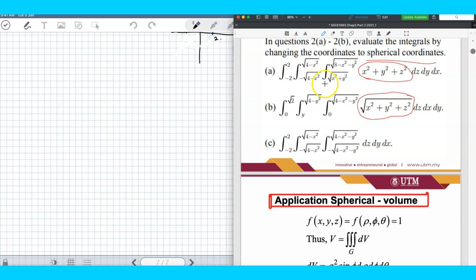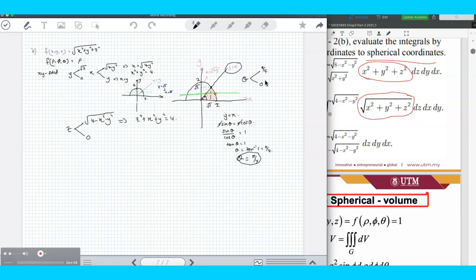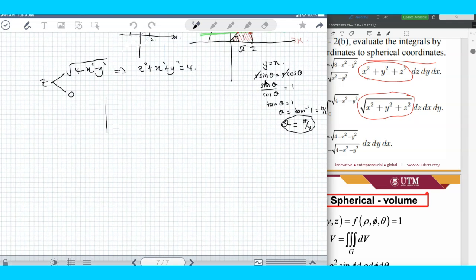Look at your example here. The limit of z is given by 0 to square root of 4 minus x squared minus y squared. Z equals 0 is a floor, and this gives z squared plus x squared plus y squared equals 4. This is a hemisphere, because z is always positive, with radius 2. So your solid is bounded by the hemisphere and the plane z equals 0.